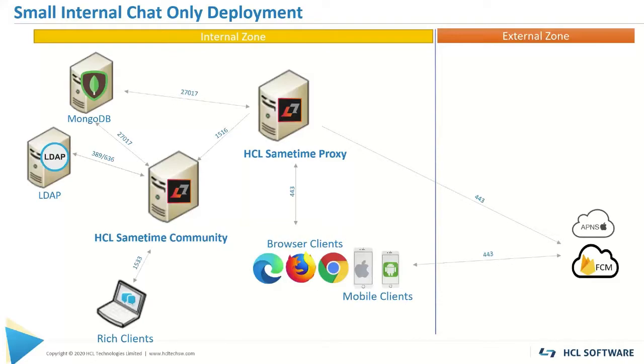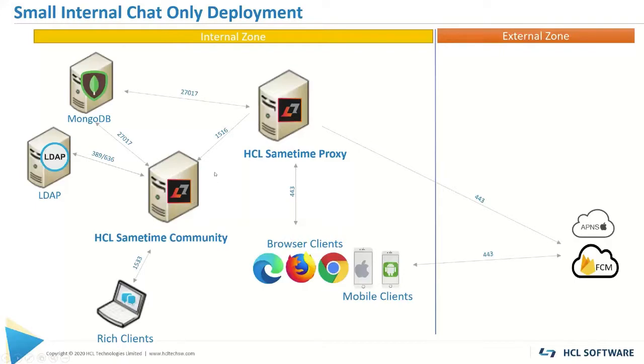To that, we would add a Sametime proxy, which is used for mobile and browser support. So all the browsers and all the mobile clients connect to the Sametime proxy over the SSL port 443. The Sametime proxy then literally proxies those connections back to the community server over an internal port of 1516.